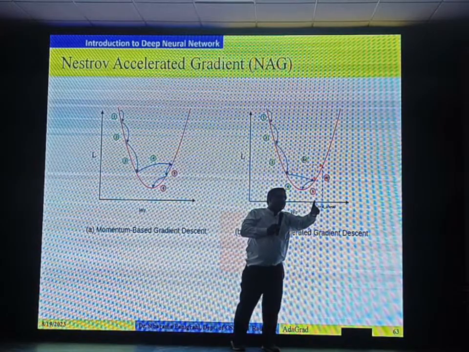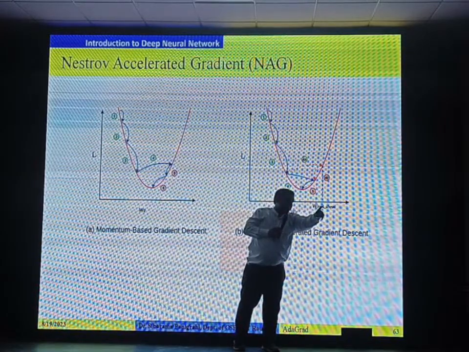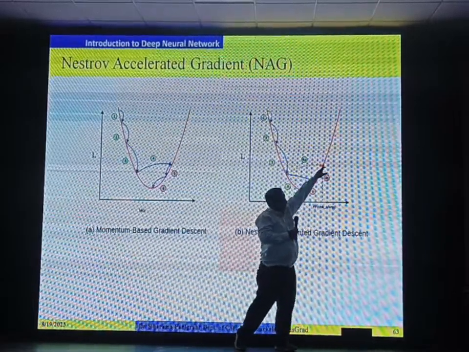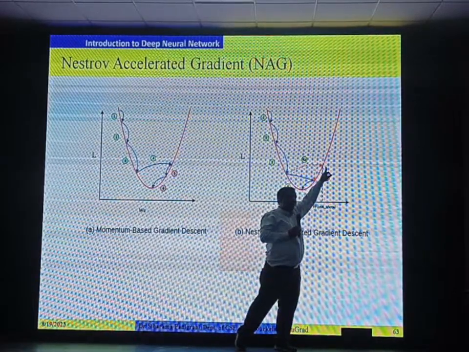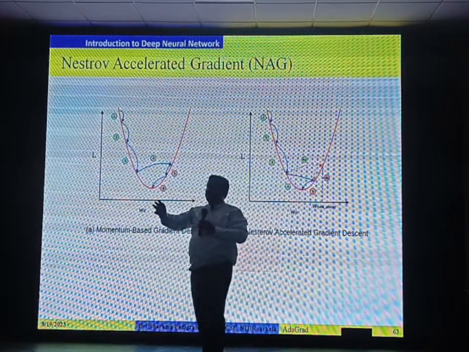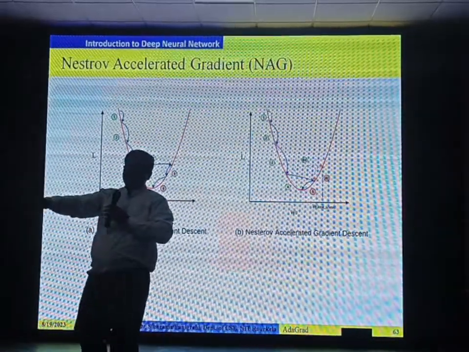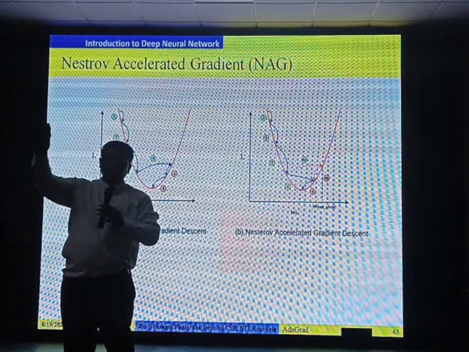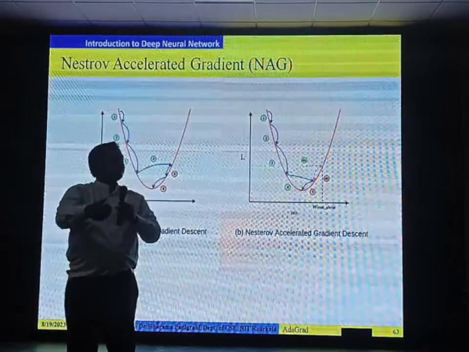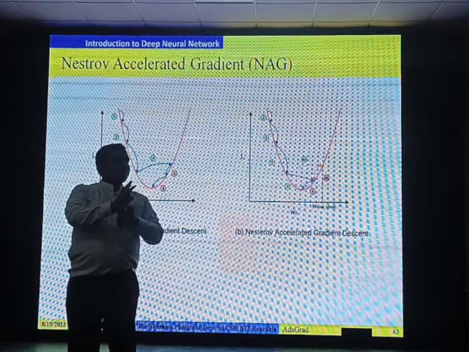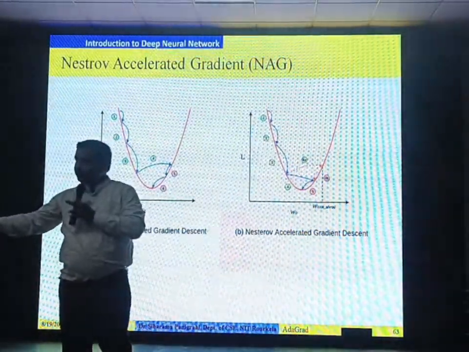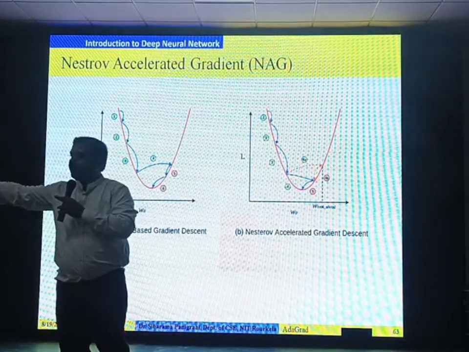Gradient always shows you the direction in which you will reach the minimum, right? So here it will show you this direction, not that direction. Is that clear? So in accelerated gradient, instead of adding momentum and gradient at a time, they first add the momentum, then compute the gradient, then add the gradient. Is that clear? So accelerated gradient is faster than stochastic gradient descent with momentum.